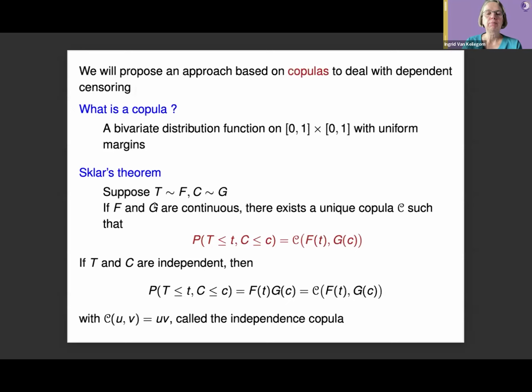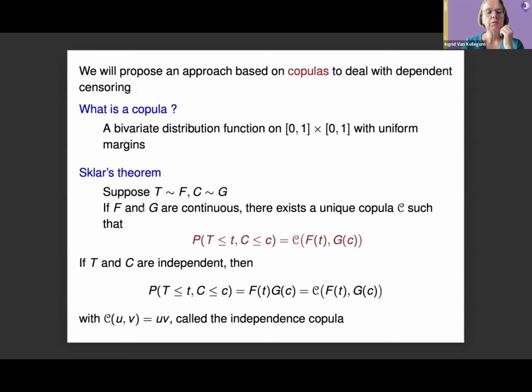And so in a sense, thanks to Sklar's theorem, you kind of separate the margins from the dependence structure between two random variables. And so the copula is only looking at the dependence structure without taking these margins into account. And so that's a very nice result, because you can then model the margins and this copula separately.